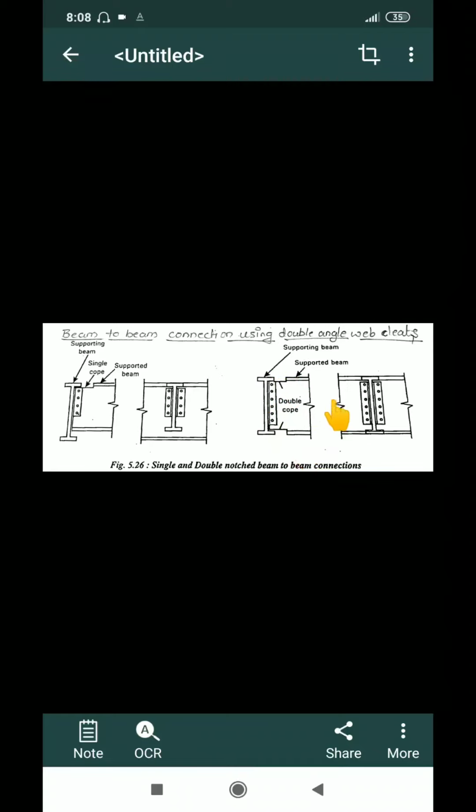This is from the girder side and this is from the joist side. You can see a double cleat on the left side and right side, and when you are looking from the girder side you can see only the single cleat and another cleat will be on the back side.